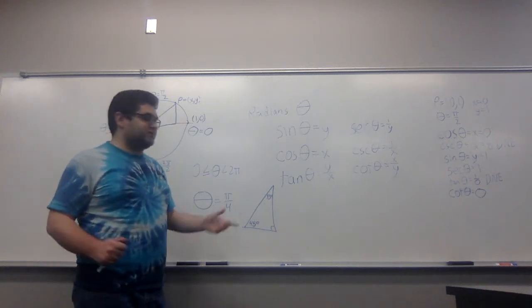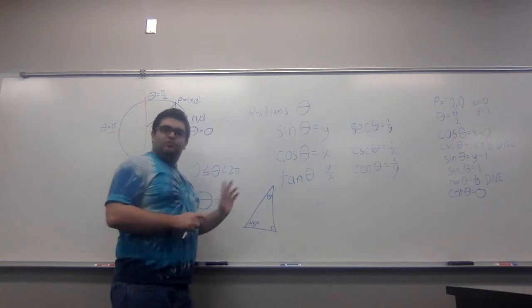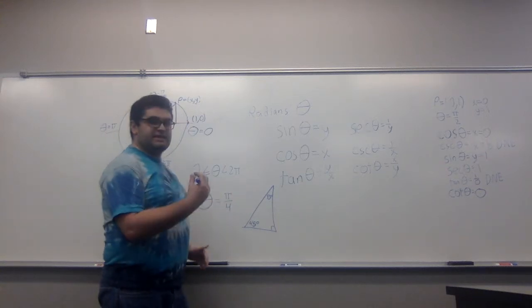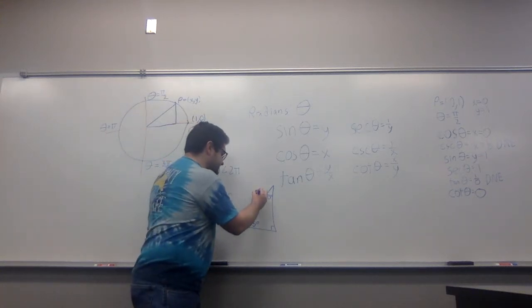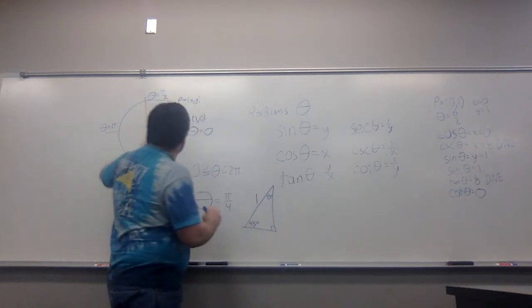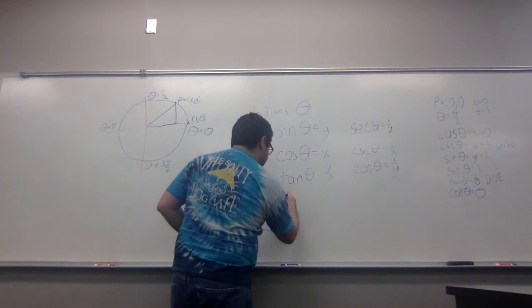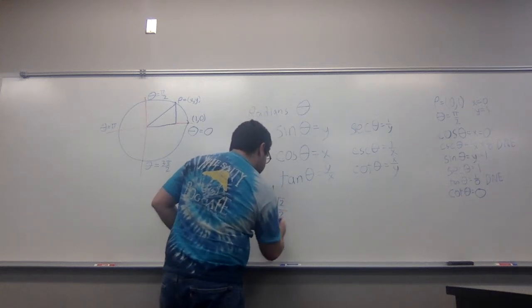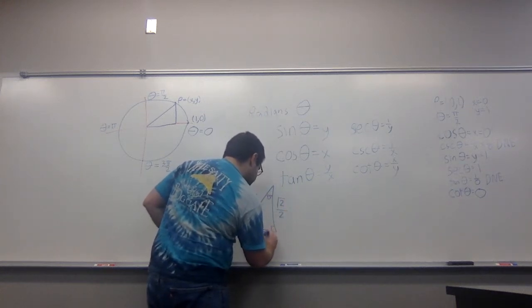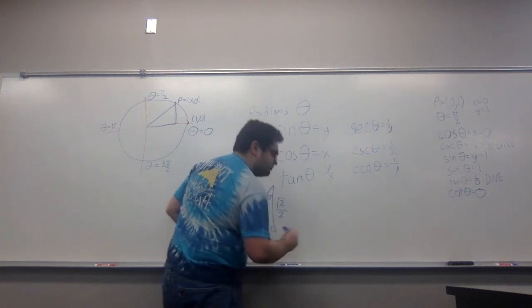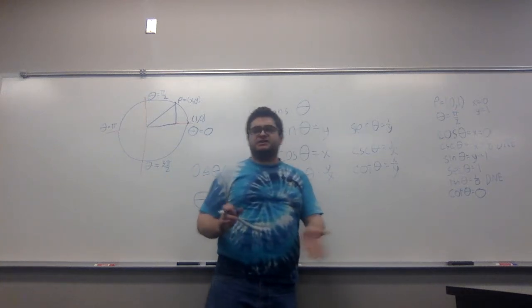Yeah, I hear the groans already. But once we do this, it'll be easy. So we said that the radius will be 1. Since this here represents the radius, that would be 1. And each of the sides here would be square root of 2 over 2 and square root of 2 over 2, as you learned way back when in high school geometry.